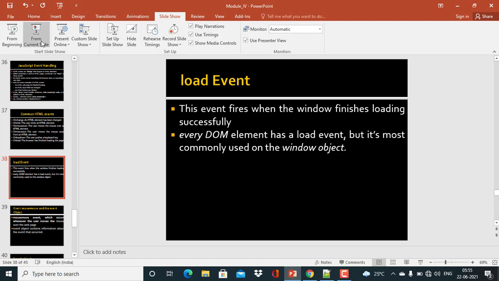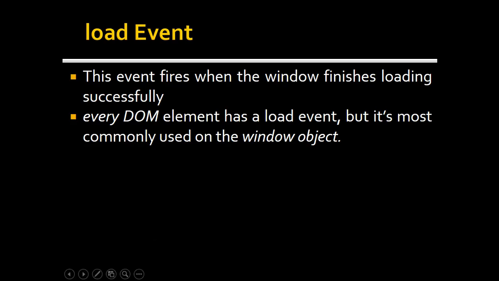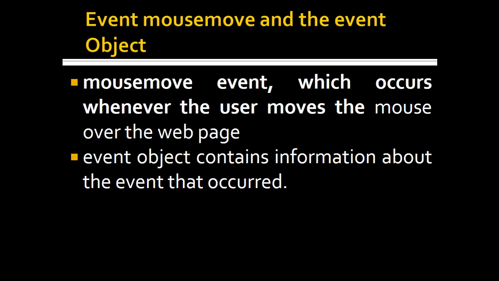Okay, then we can move on to another event, that is the mouse move event. What may be that mouse move event? From the event name itself we can understand that this event will get fired when we move our mouse over our window. Hope it is clear. Again we need to discuss another thing, that is the event object.